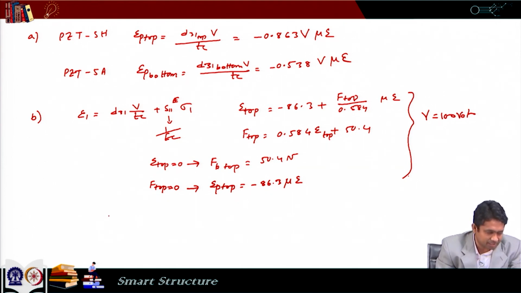Now, the similar quantities can be found for the bottom piezo.